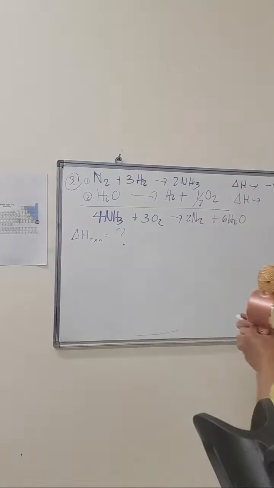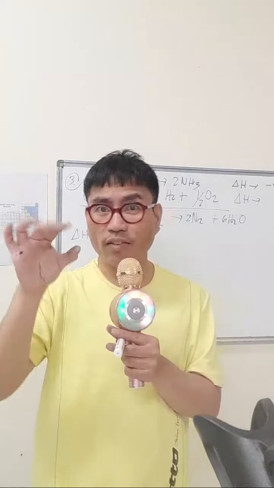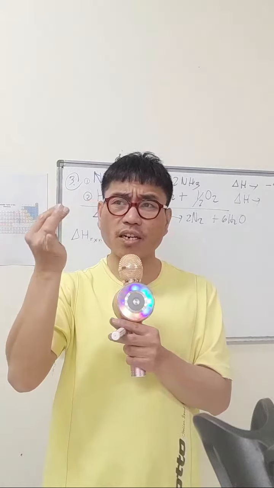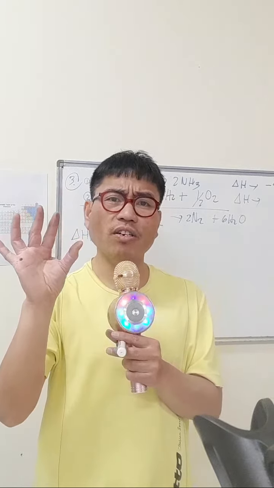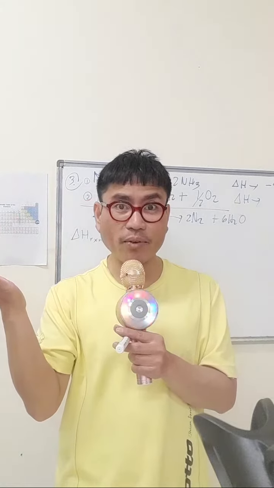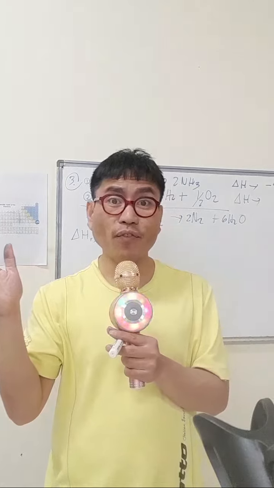Now, in your visualization, you can see in equation number 2 that there is a fraction: there's 1/2 mole. So this is the first issue that we need to avoid, because in a chemical reaction it's not allowed to have a fractional form of number of moles.